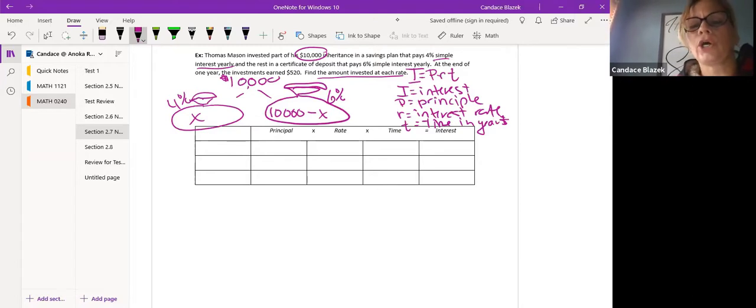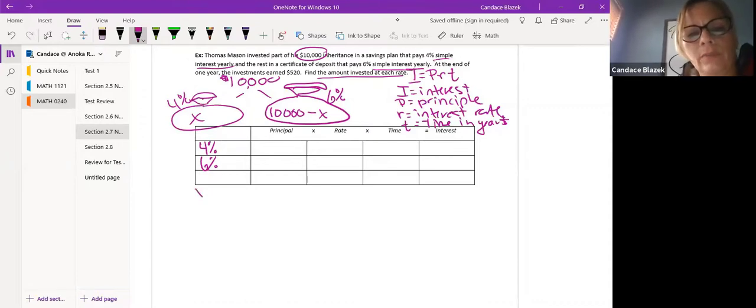So I'm going to use a chart again. Let's organize our information here. So we're going to have our 4% simple interest, which we have right here, I is equal to PRT. And we're going to have our 6% CD, which is also simple interest. It says here, 6% simple interest yearly.